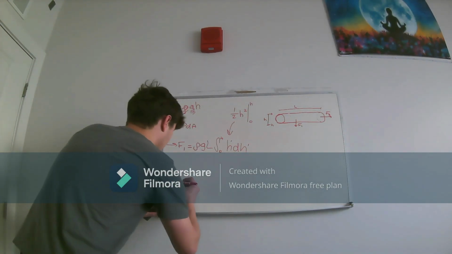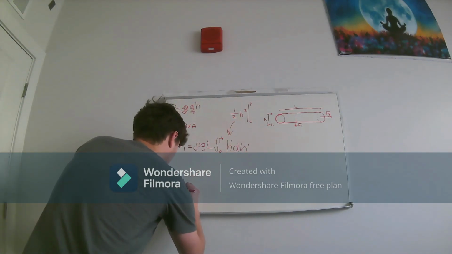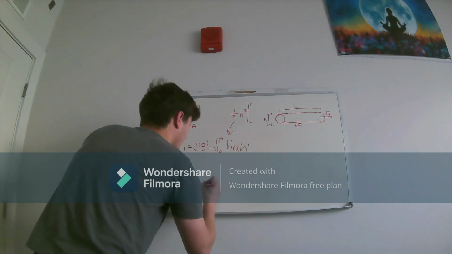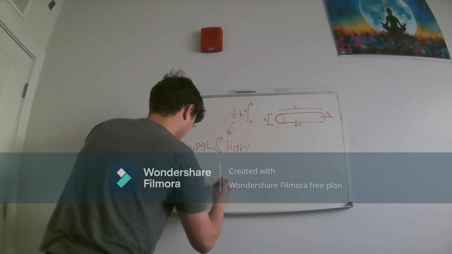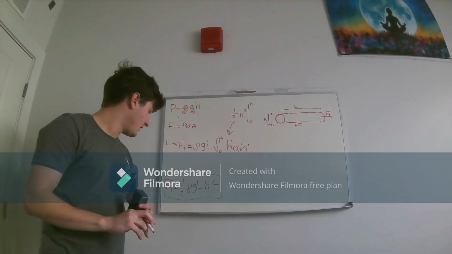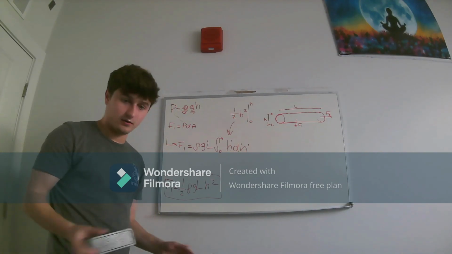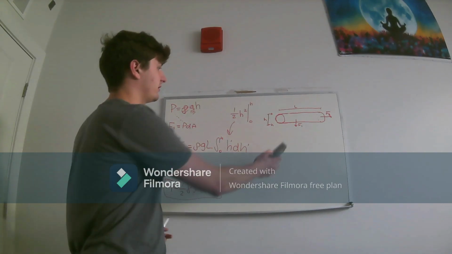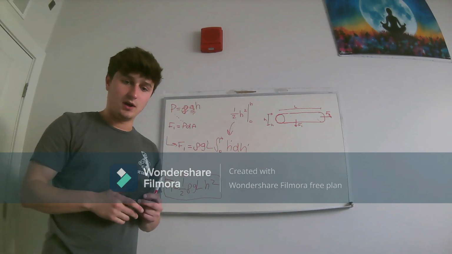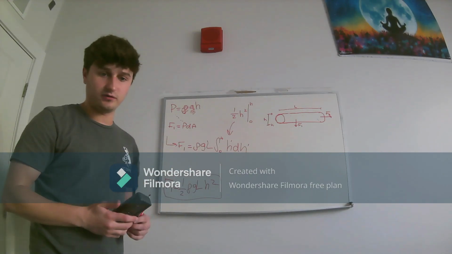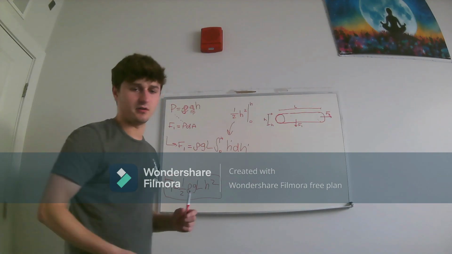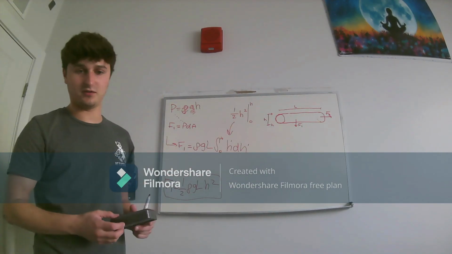It's going to be equal to 1/2 rho G L h squared. And that is going to be our final expression for the first force that is going to be perpendicular along the curved surface of our cylindrical system. So what we're going to do after this is I'm going to do a little cleaning. I'm probably going to throw that down in the corner, and then we're going to get into the second force.